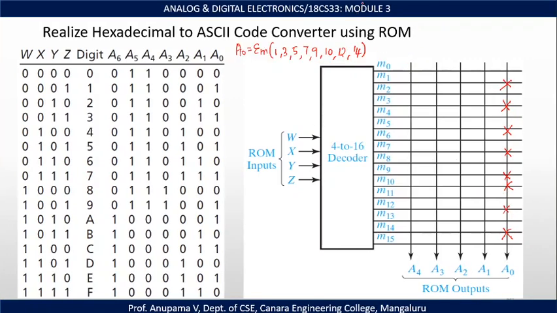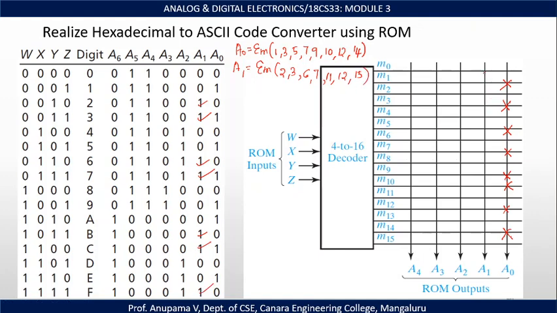Now let us write the expression for A1. A1 is equal to summation M of 2, 3, 6, 7, 11, 12 and 15.